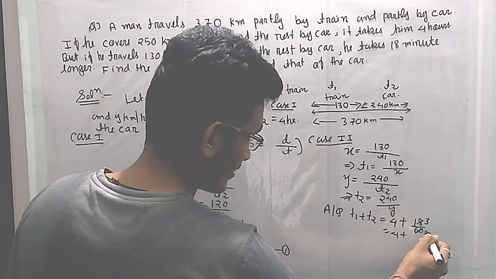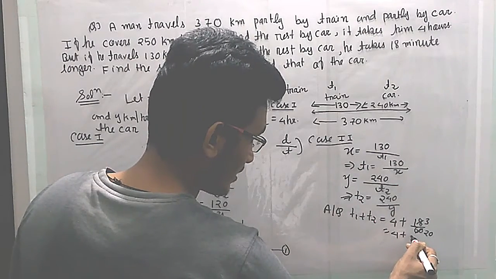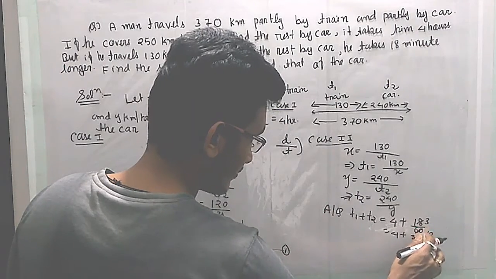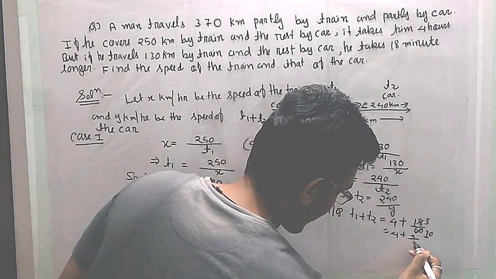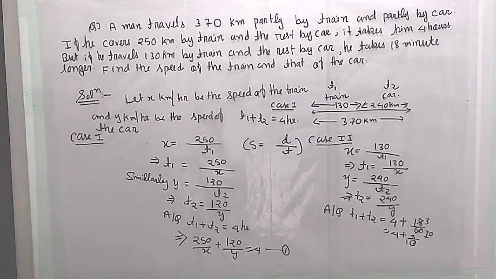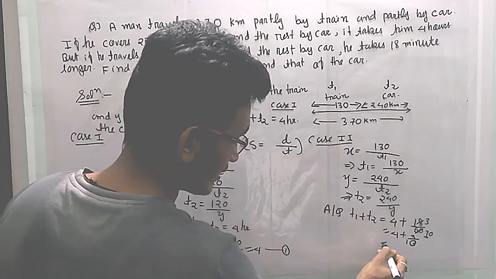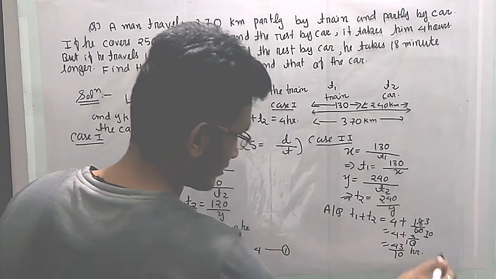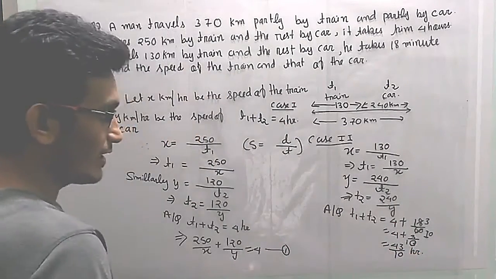So it will be 4 plus, 6 3s are 18, 6 10s are 60. So it will be 3 by 10. So 4 plus 3 by 10 will be 43 by 10 hours. So T1 plus T2 is 43 by 10.